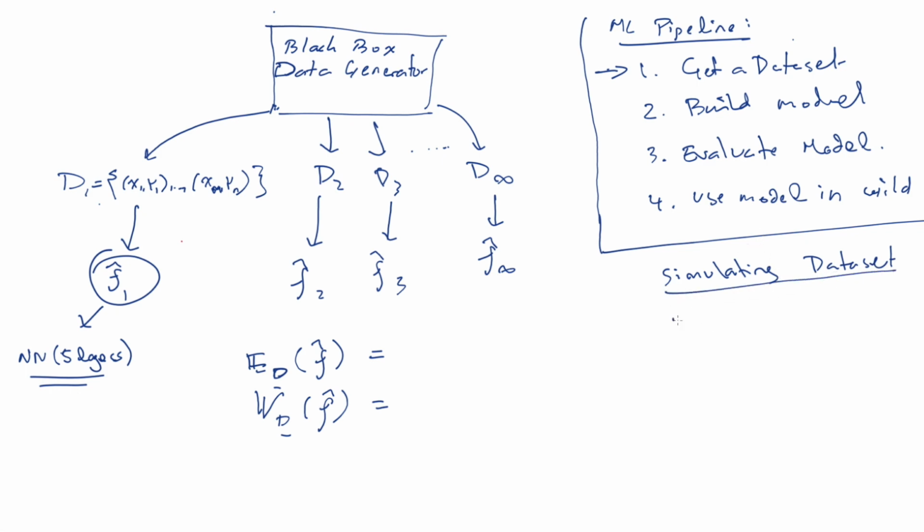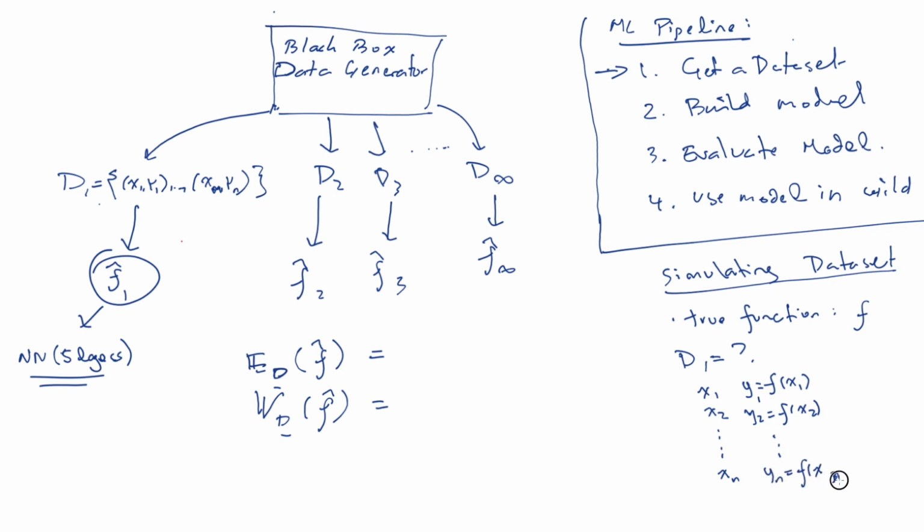You might pick a true function, call it f, and then you might generate a data set D1 by looking at a grid of points. You pick the x values, and then you compute f at that x value to get your y values, xn. So you compute your corresponding y value at the point, but then you add a little bit of noise.